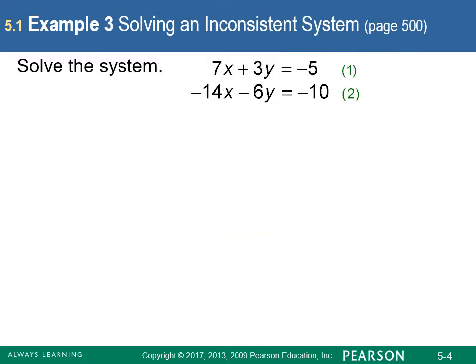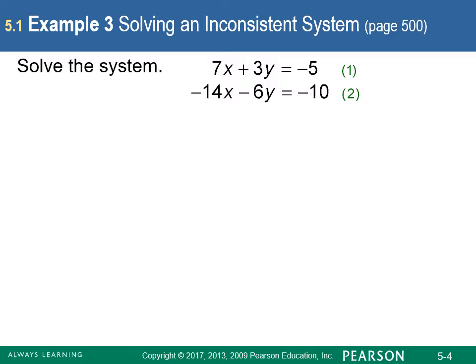Notice on this one the instructions don't specify a particular technique, so we kind of have our choice as to what technique we want to use. In looking over the problem in the beginning, we see that none of the variables are without numbers, so I probably wouldn't choose the substitution method.